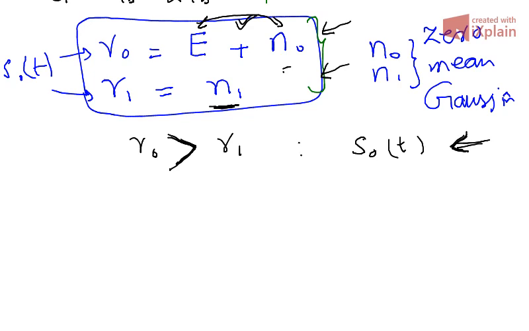So if R0 is found to be greater than R1, S0 is detected correctly and the receiver takes the correct decision.